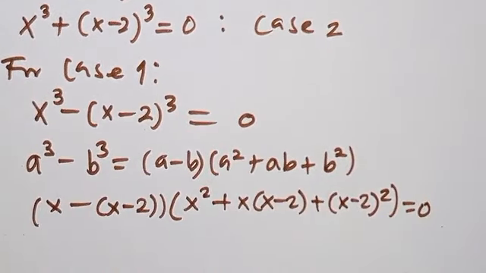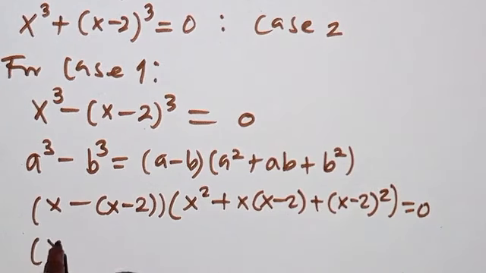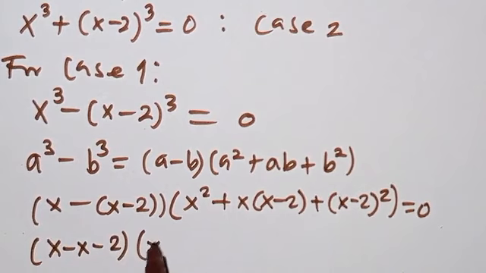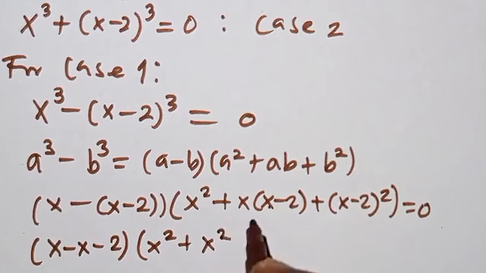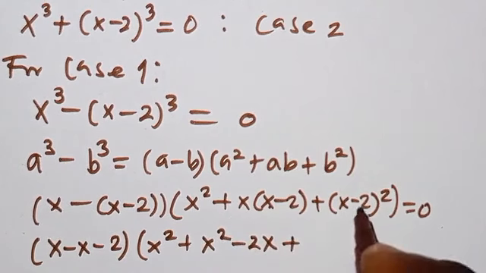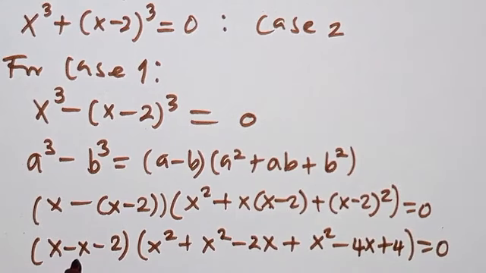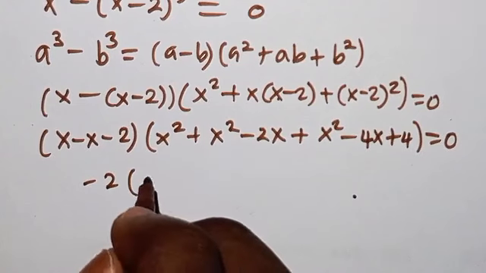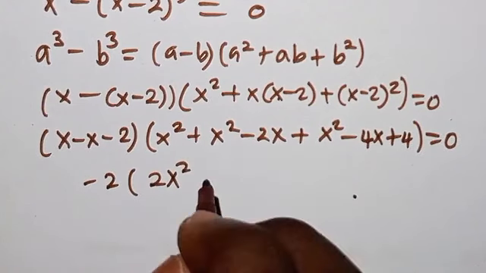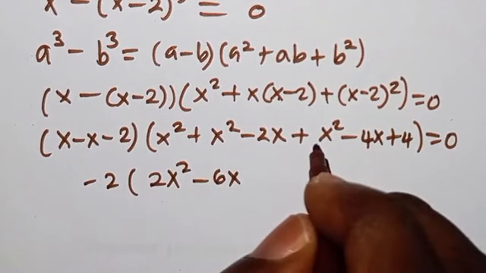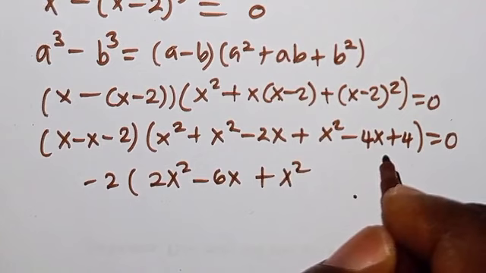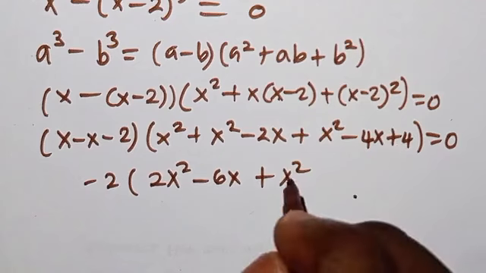So from there, we move on. We're going to have x minus x minus 2, then x squared plus x squared minus 2x, then opening this bracket, x squared minus 4x plus 4, all equals 0. So x minus x gives us 0, so we have 2 into the bracket: x squared plus x squared is 2x squared, then minus 2x minus 4x gives minus 6x, then plus x squared, and plus 4.